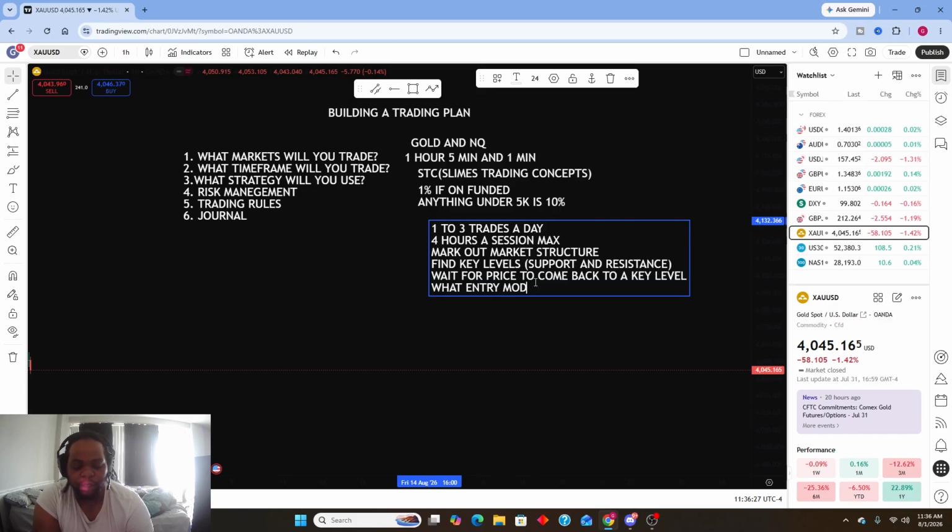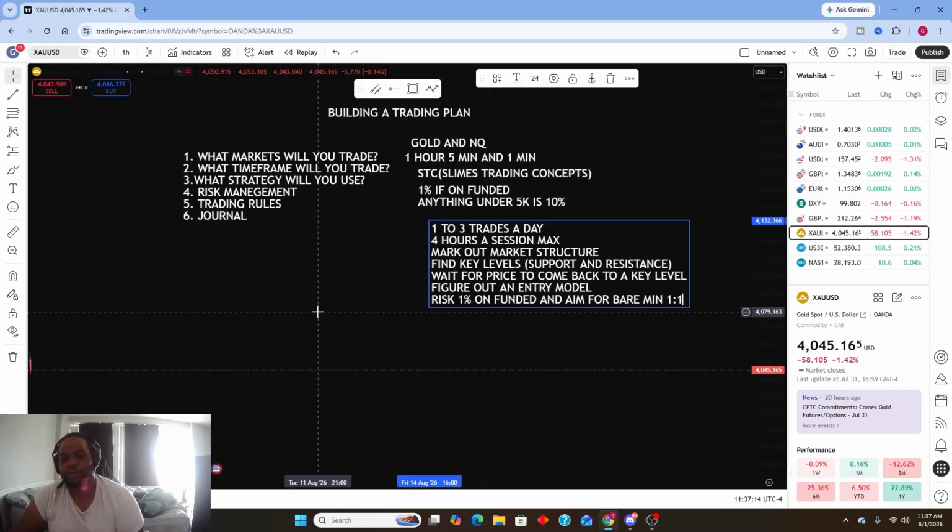Figure out an entry model. Risk 1% on funded and aim for bare minimum 1 to 1.